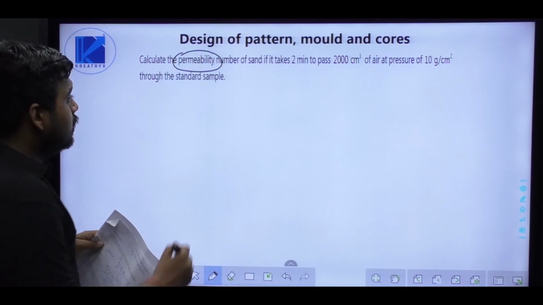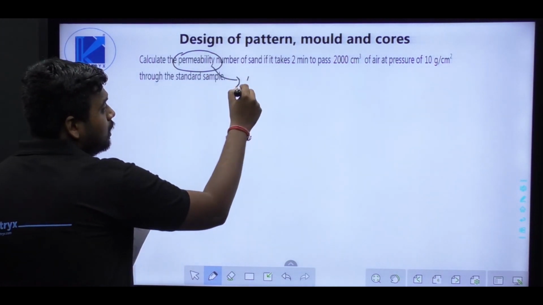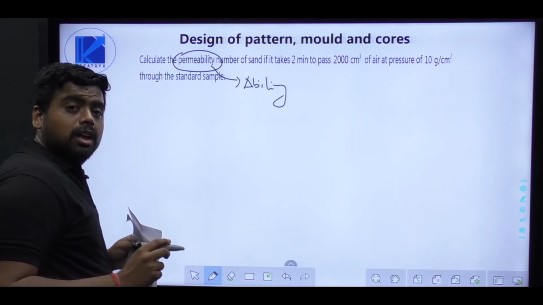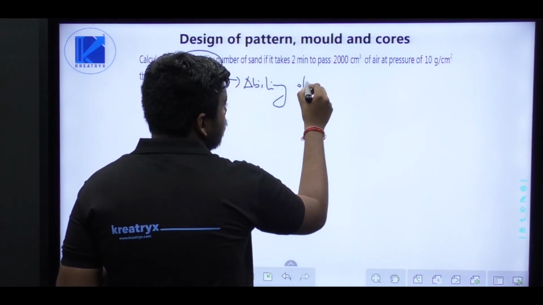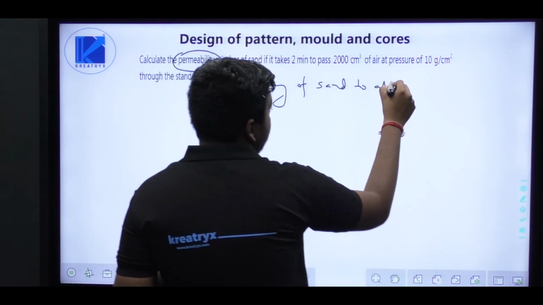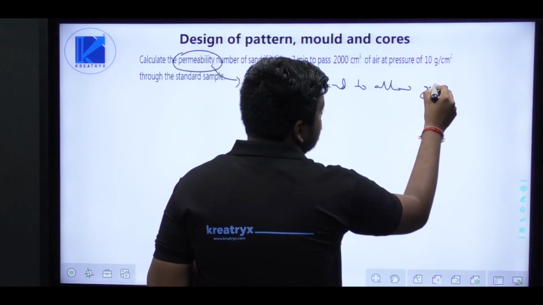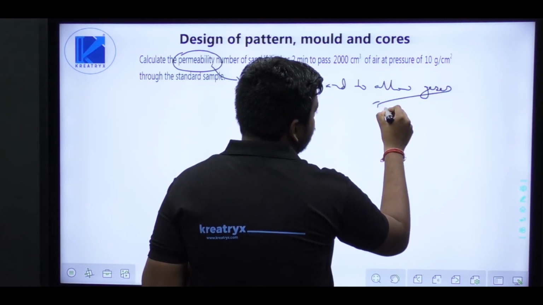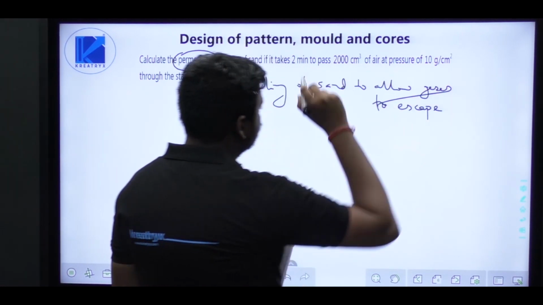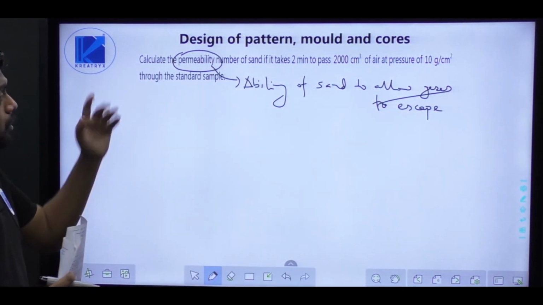Permeability is the ability of the molding sand to allow the gases to escape. So this is basically permeability.